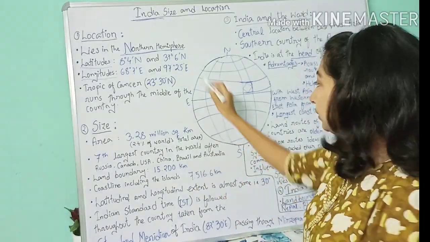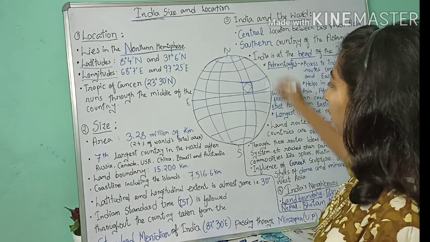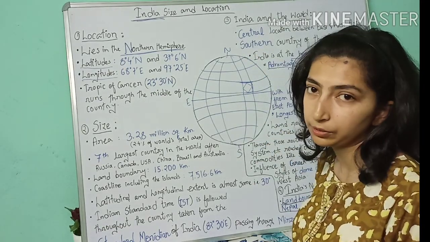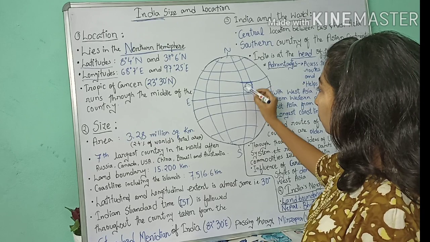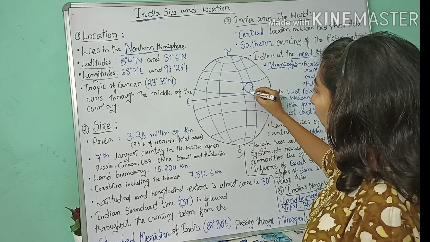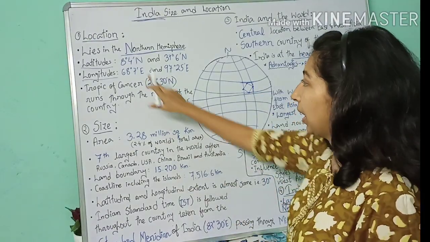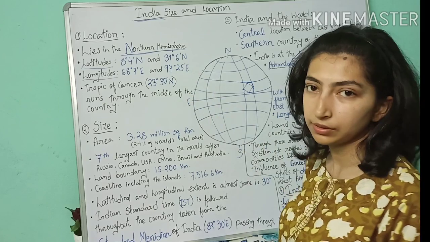So these are latitudes, parallels of latitude, and these are meridians of longitude. Okay, so these four points, this one, this one, this one, and this one, are the four sides of India.